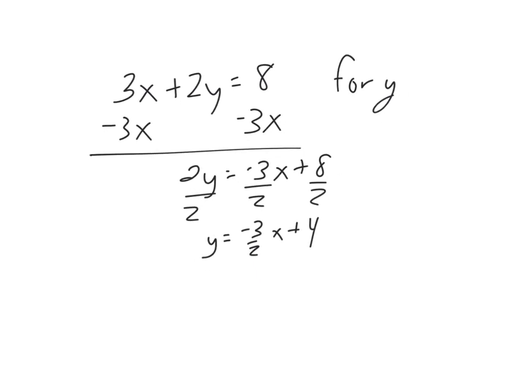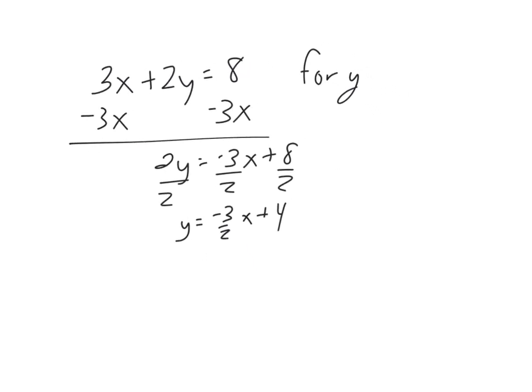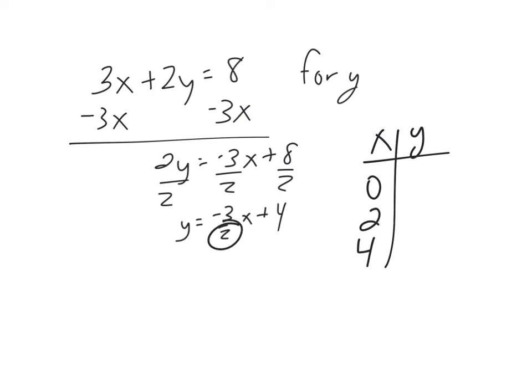So if I was going to graph this one, I would pick 0, 2, and 4, right? Because I'm doing multiples of 2 here. So negative 3 halves times 0 plus 4, well, that's just going to be 4, because that's going to be 0.